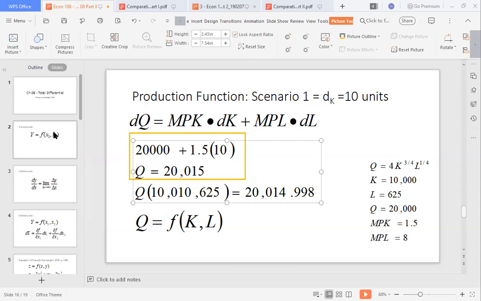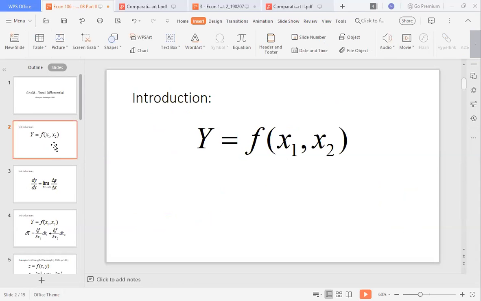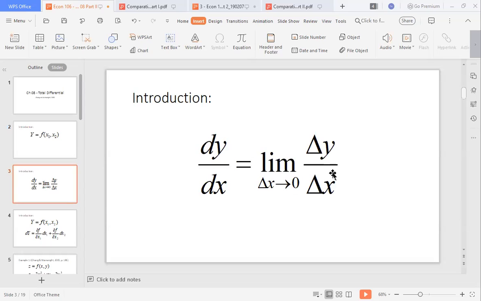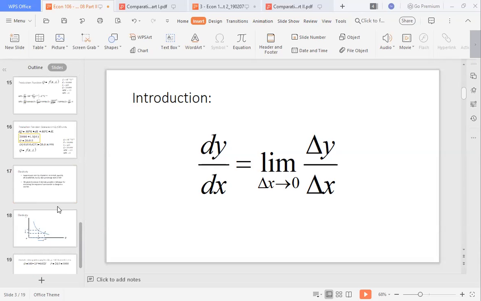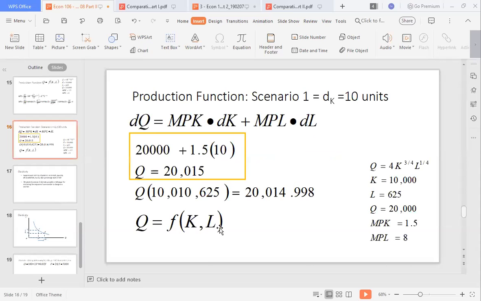When you go back to the definition of total differential, that is again infinitesimally small changes in any of y and x. So the whole point of total differential, class, is getting at most the actual value when there are any changes.